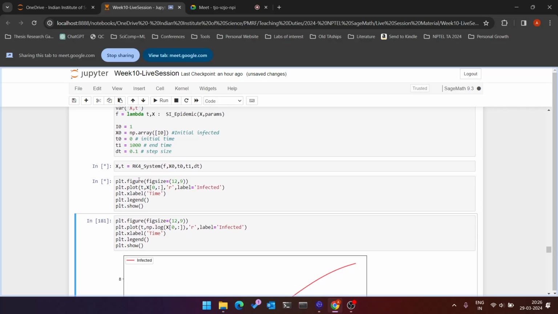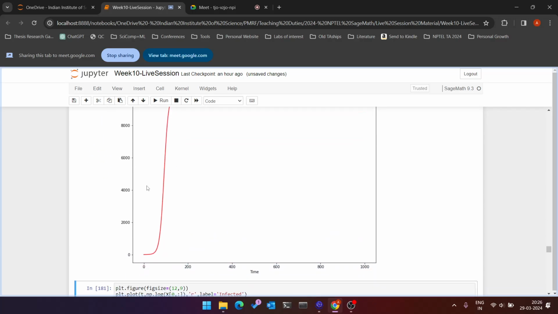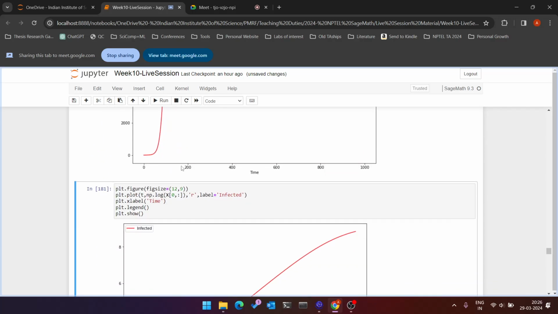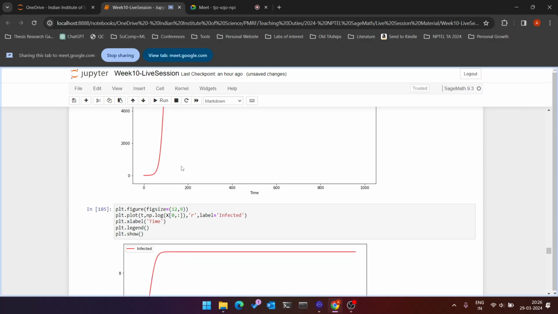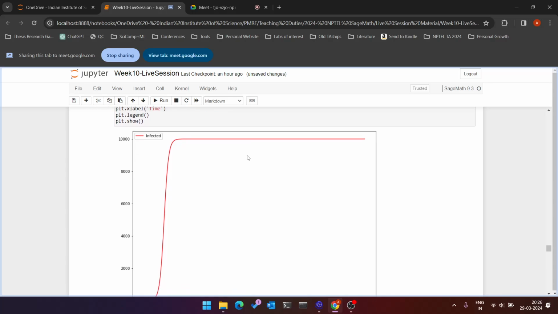let's say, 2000. I think this will take a bit of time. Let's see. You can see that this is how the infected looks like. And if I look at the log plot, same. Initially a constant slope, then slowly the slope reduces and then it finally becomes zero after a sufficiently long time.